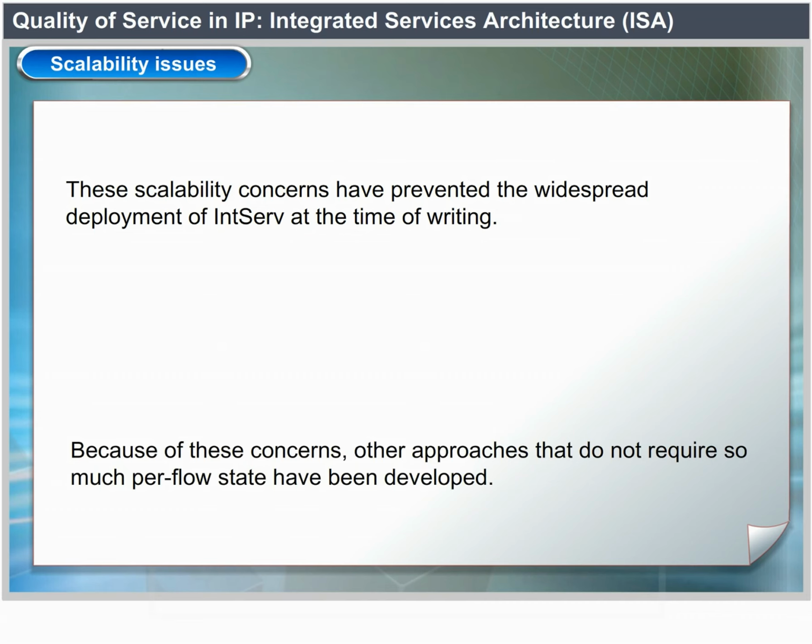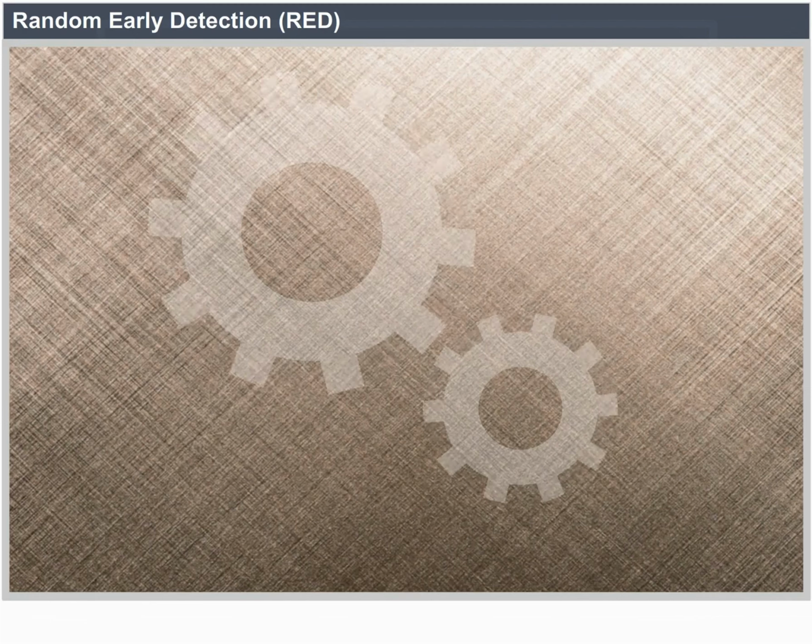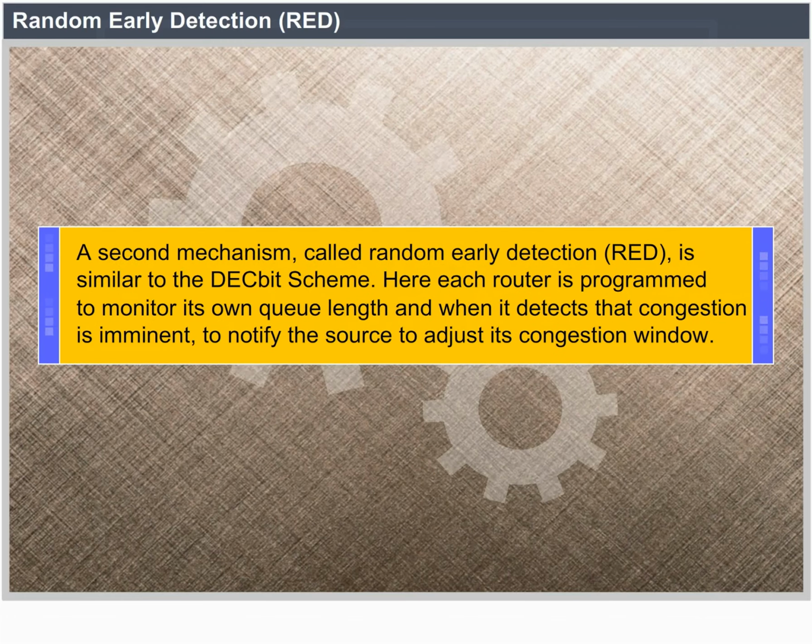Random Early Detection (RED). A second mechanism called Random Early Detection (RED) is similar to the DEC bit scheme in that each router is programmed to monitor its own queue length, and when it detects that congestion is imminent, to notify the source to adjust its congestion window.